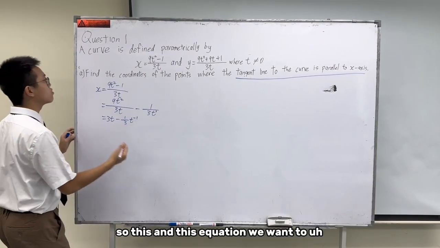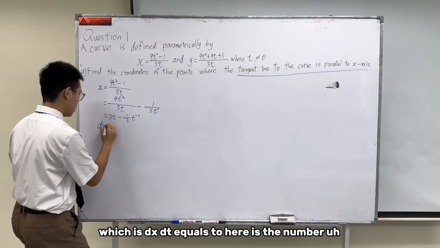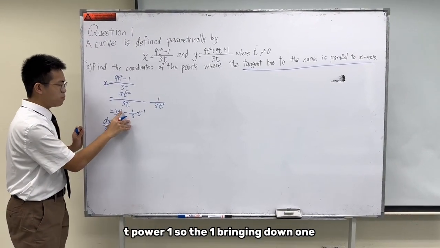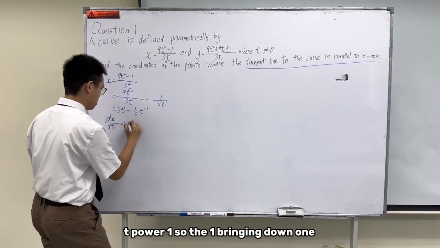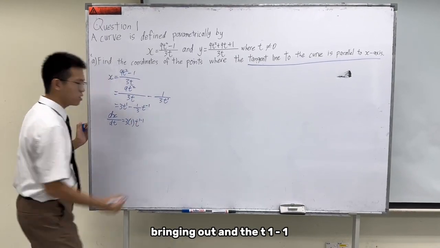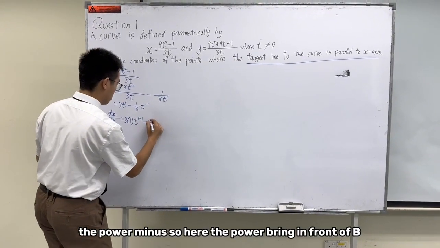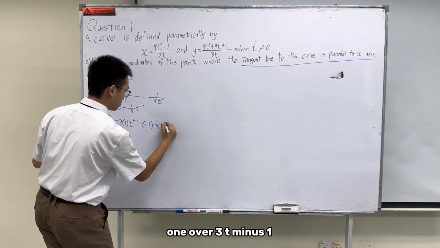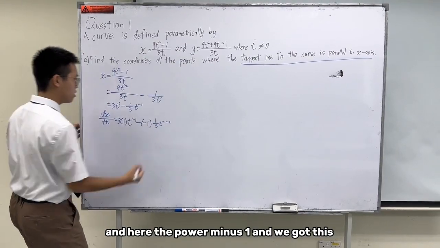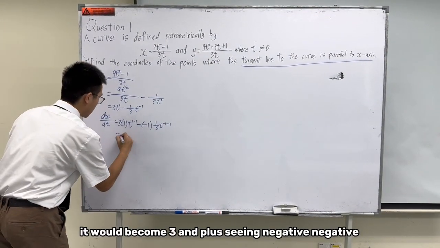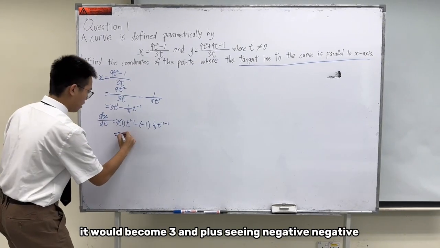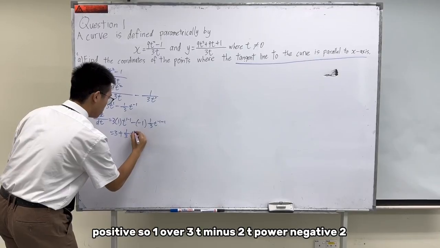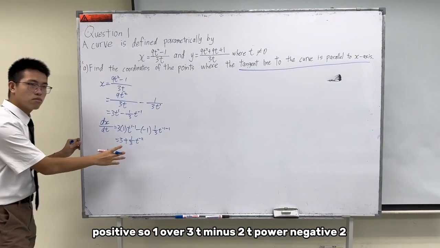And this equation we want to differentiate, so dx/dt equals: for 3t, the power 1 comes out and t to the power 0 gives 3. For minus 1 over 3 t to the power minus 1, the power minus 1 comes to the front, and the negative and negative become positive. So 3 plus 1 over 3 t to the power negative 2.